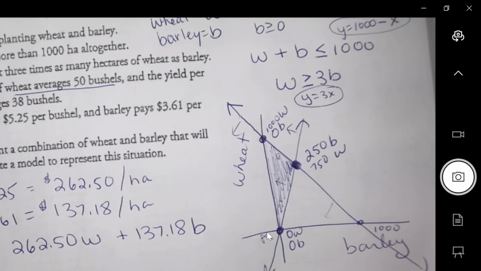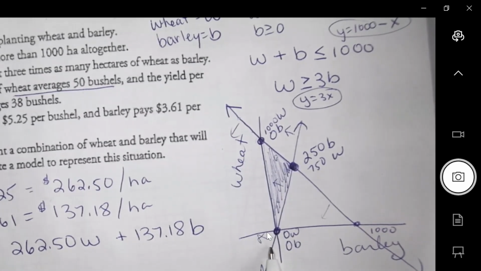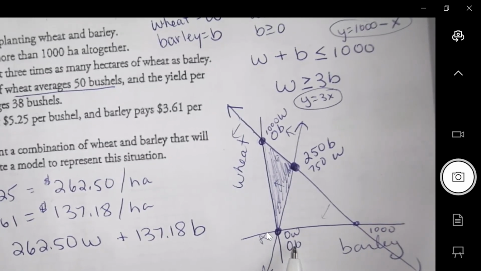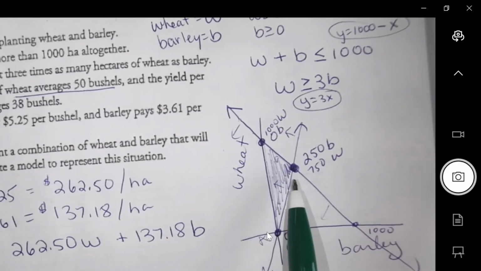We're trying to get the most revenue possible. So can we already rule out this one? 0, 0 is not going to make you the most money. So which of these 2 points is going to make the most money?